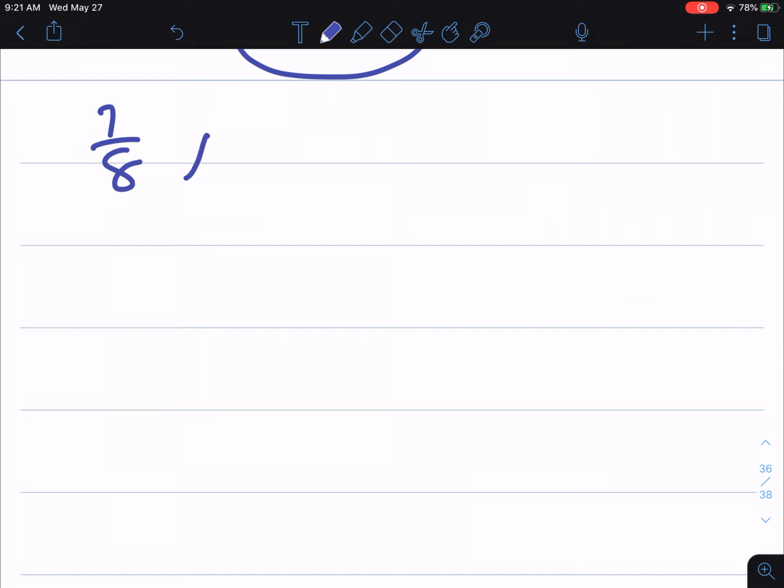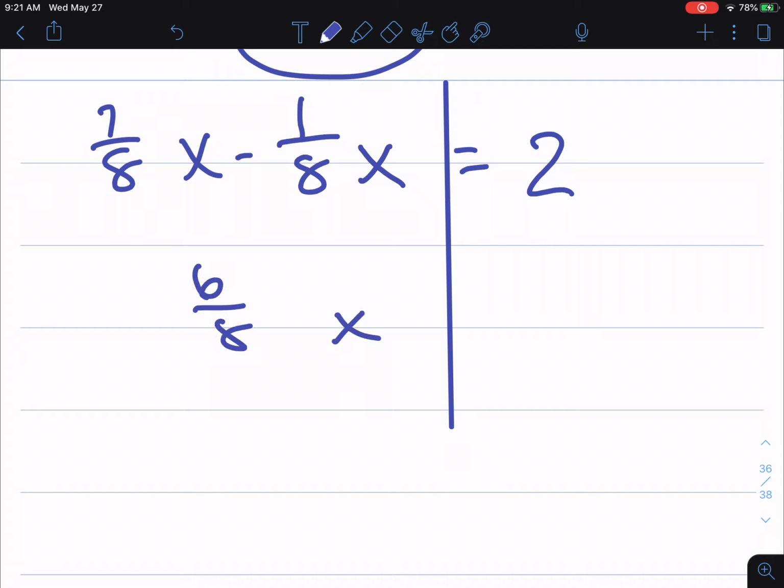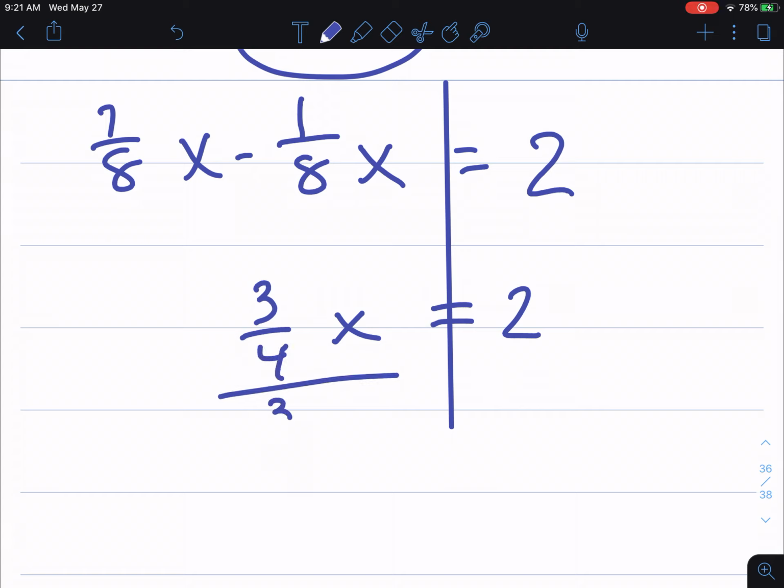7/8 x minus 1/8 x equals 2. I'm going to draw my divider here. So 7/8 minus 1/8, they have the same common denominator, so just going to subtract them. 7 minus 1 is 6, so I have 6/8 x equals 2. And I can reduce that 6/8 by dividing both of those by 2, so I have 3/4 x equals 2. I'm going to divide both sides by 3/4.